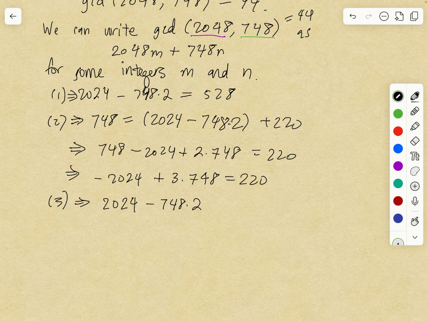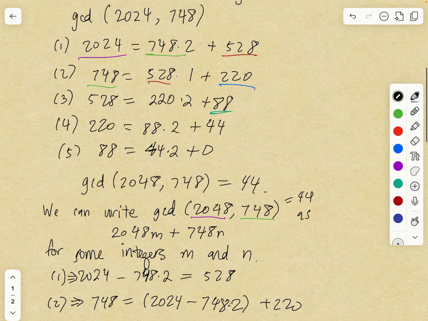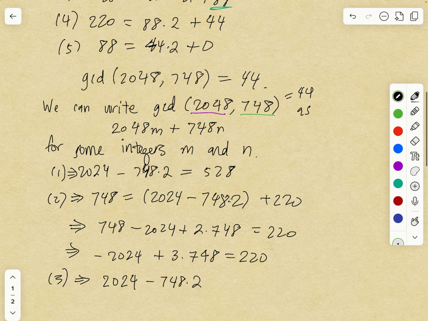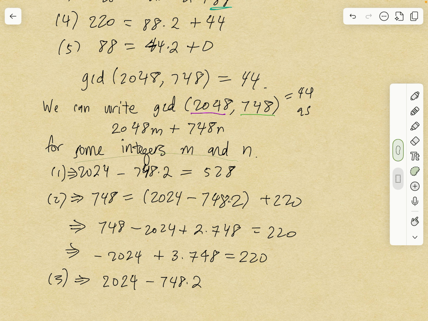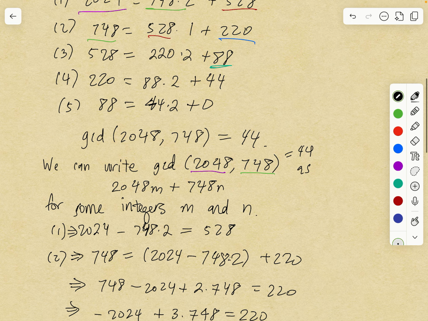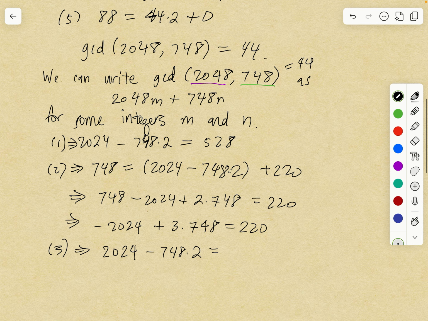So let's see. Okay, so this 2024 minus 748 times 2, that's equal to 528. That's from here. Okay. So that's 528, and then it says equals 220, so it's equal to, now I use this equation.